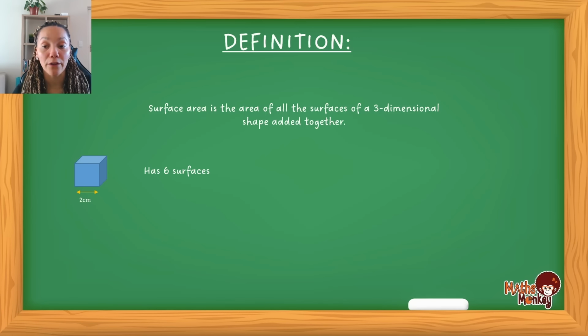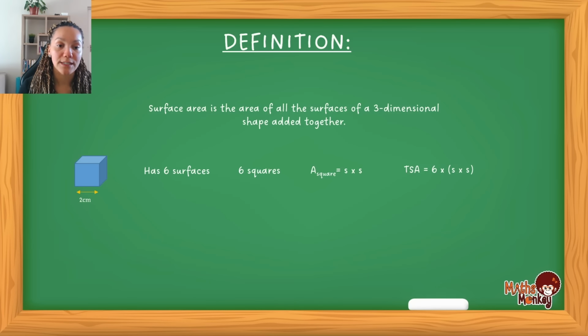So if we want to calculate the surface area of this, we would actually be calculating the surface area of 6 squares, right? And the area of one square is side times side. So the surface area is 6 multiplied by side times side. If one side of this is 2 centimeters, then all the dimensions are 2 centimeters, right?